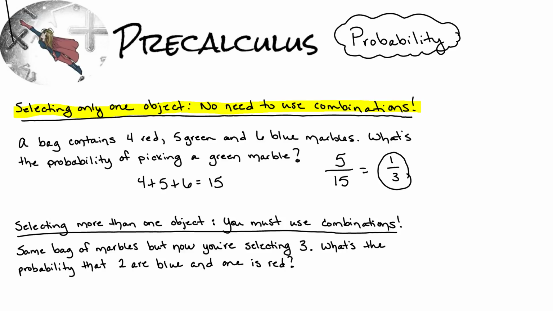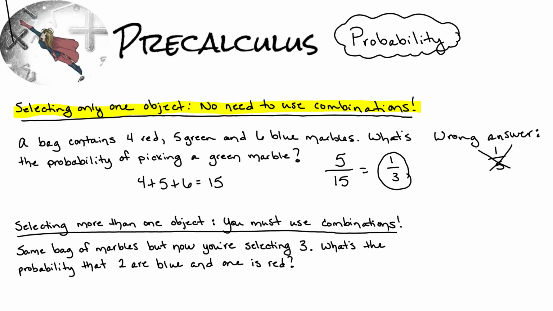The most common wrong answer that I see for this question is as soon as a student reads that there are 5 green marbles in that bag, they, for some reason, think immediately that there's a 1 in 5 chance of getting a green. That just isn't true because there's 5 green marbles in the bag, so that's 5 successes, and there's 15 total marbles.